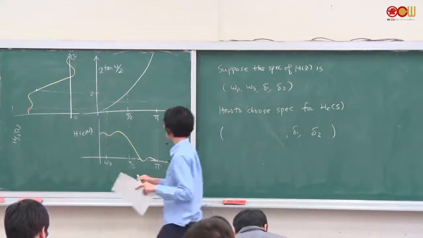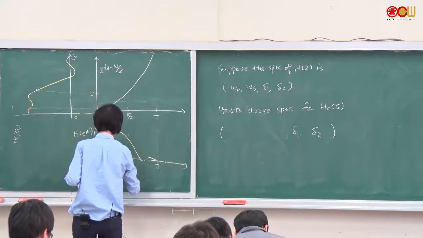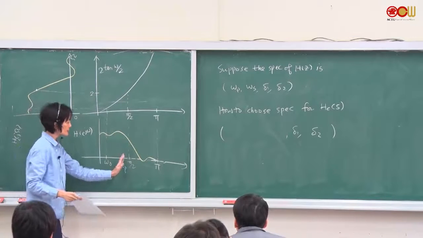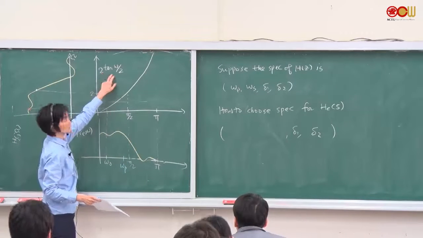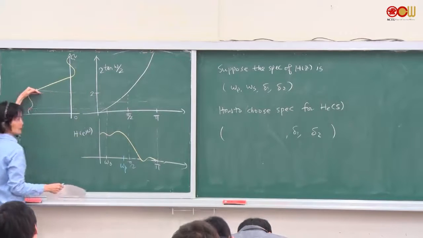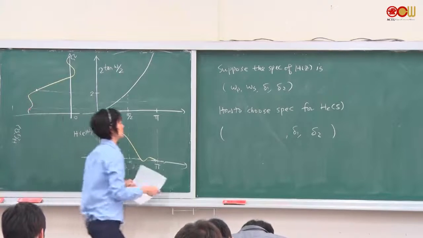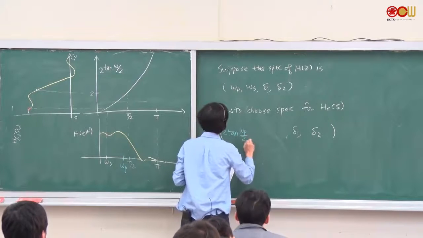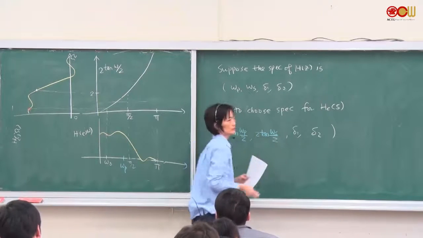If we have a passband edge here, say omega p, then correspondingly that will be 2 times tangent of omega p over 2, and that will be the passband edge of the analog filter, right? So we get 2 times tangent of omega p over 2 and 2 times tangent of omega s over 2.